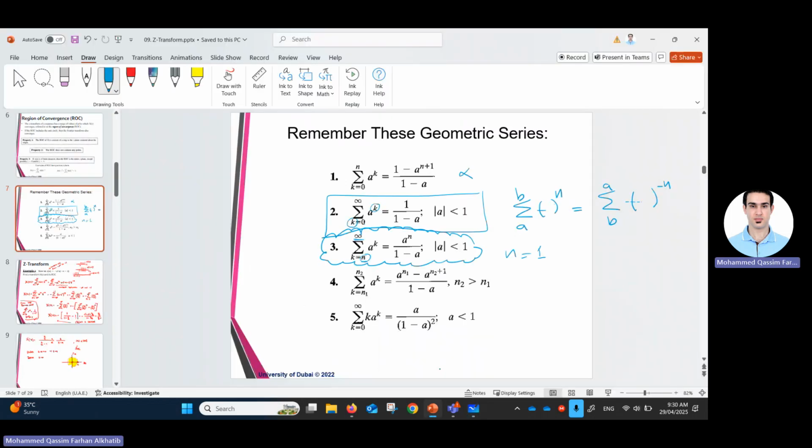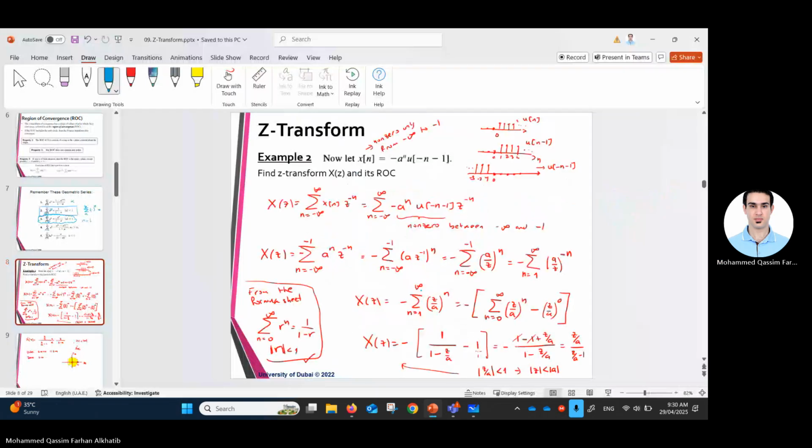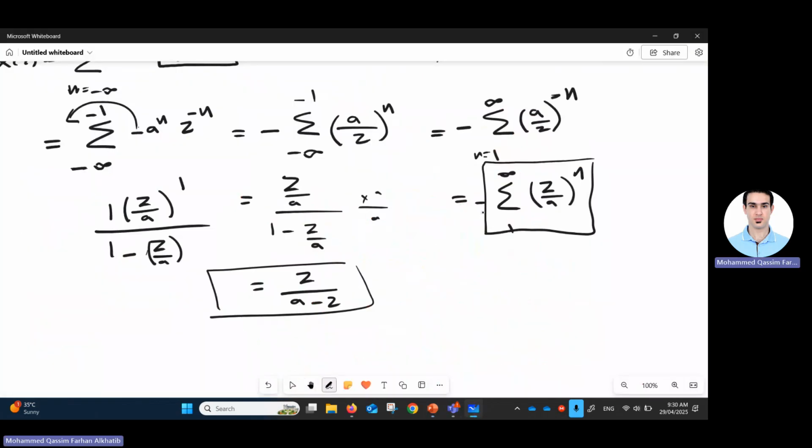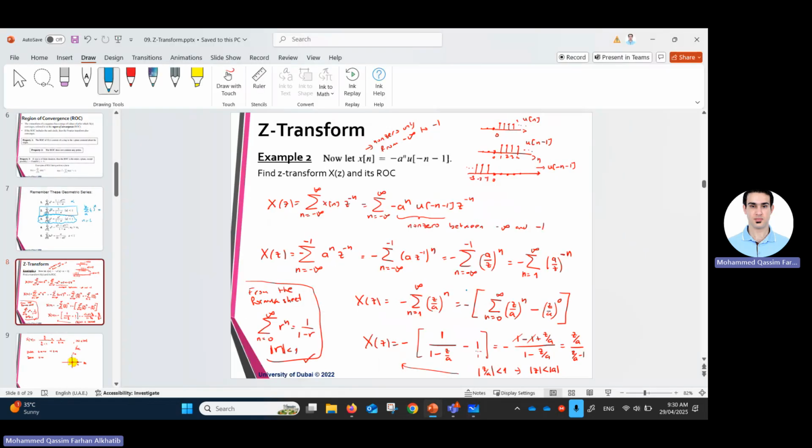Let's go back here, check the slides. So z over a minus 1, you multiply by a, and there's a negative sign. Yeah, here you have the negative sign, so you multiply by negative here. All right, let's go over the steps. As we said, for this unit step function we change the limits of the summation from negative infinity to negative 1.